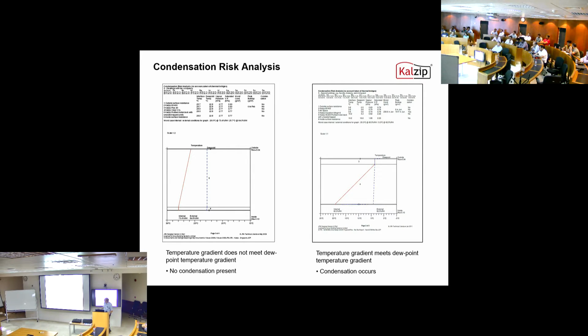Yes. So here, the red line is touching the dew point, so there's a risk of condensation at this area within the construction. So we can do this analysis for you, based on all the information we've got, to determine whether there's going to be risk of any condensation forming within the construction.